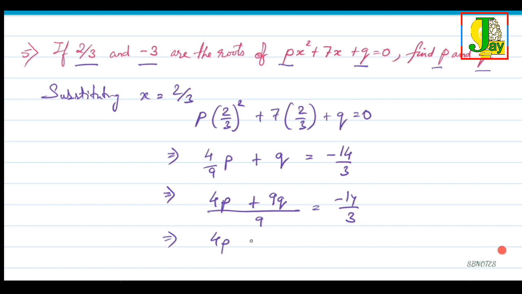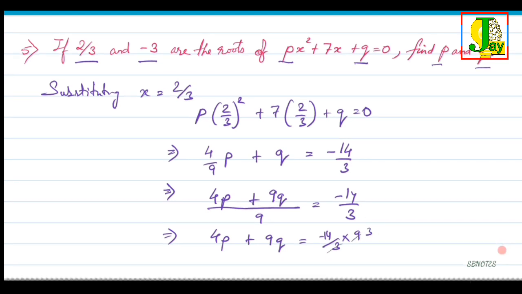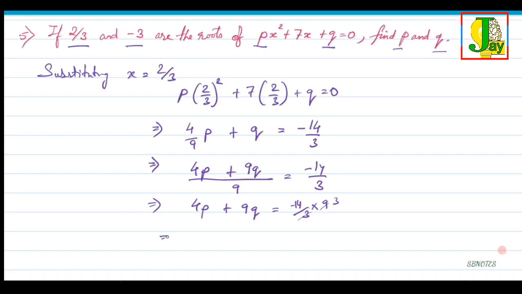Now 9 taken to the other side, we get 4p plus 9q equals minus 14/3 into 9. So 3 goes 3 times, we get 4p plus 9q equals minus 14 into 3, minus 42. This is our equation number 1.